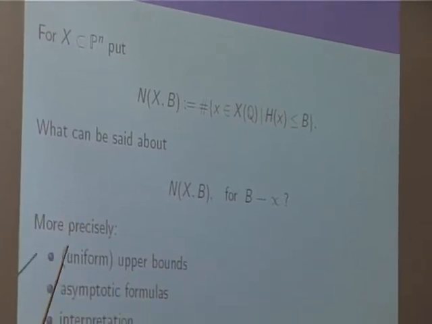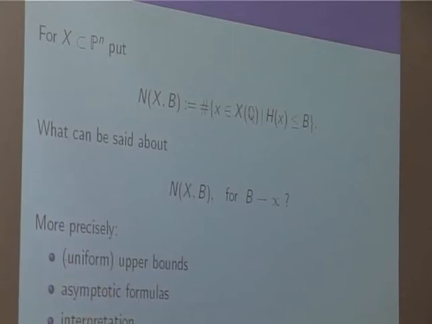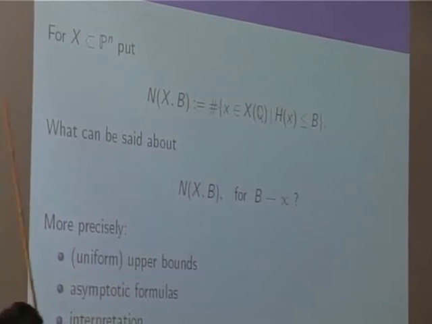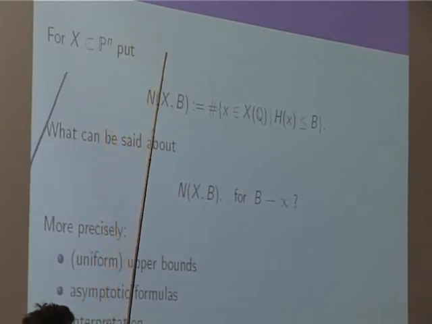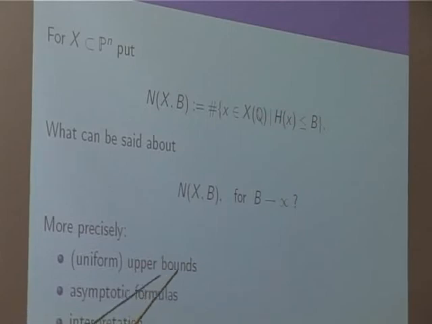Now, there are several questions one could ask. We could look at one subvariety in P^n and try to get very precise results about asymptotic formulas or upper bounds.